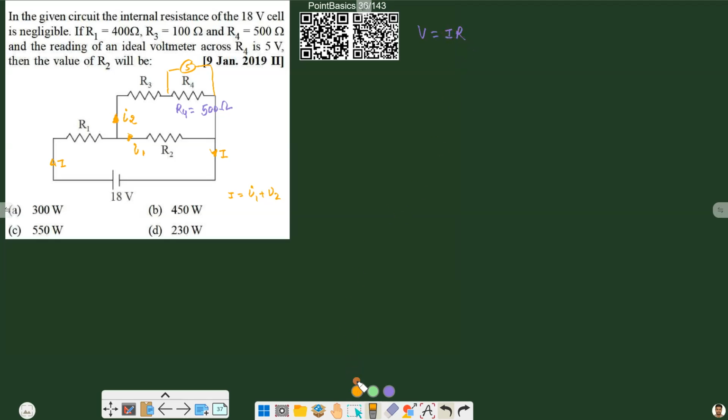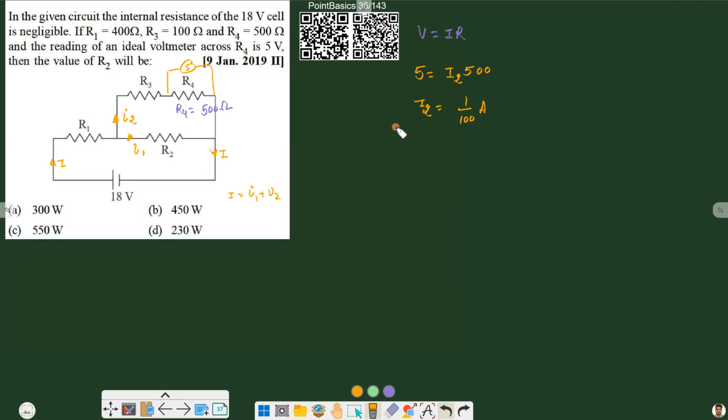So here the potential across this resistor is 5 volts, so 5 is equal to I times 500. This I is actually I2, because the same current will flow through both of these resistances. So I2 will be 5 by 500, or 1 by 100 ampere.